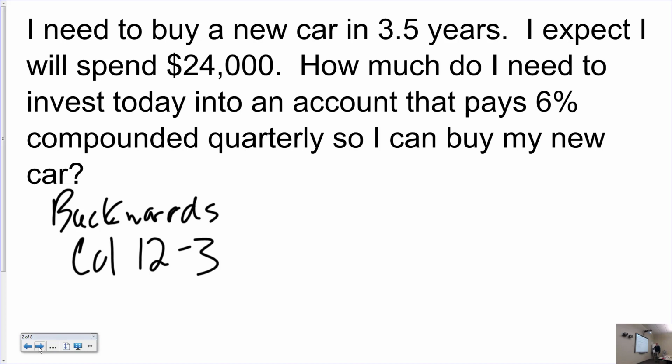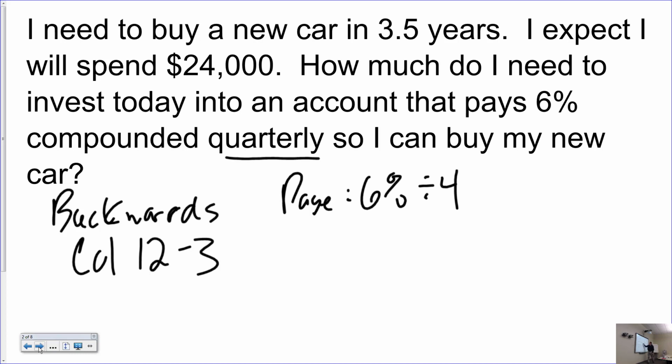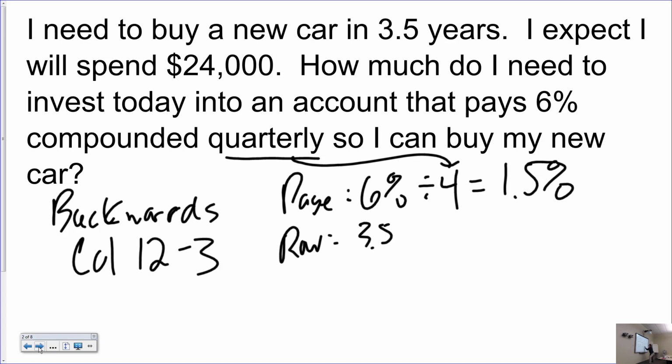Awesome. So what I did is I just marked page, period, and table. The page is 6% divided by 4 because it's compounded quarterly. Cool. So what page were we on? 1.5%. Awesome. The period is 3.5 years times 4, which is 14 periods.